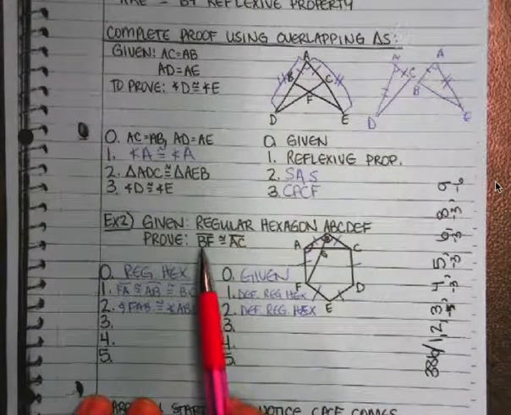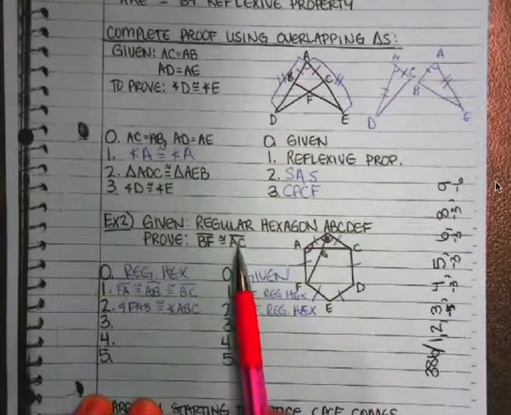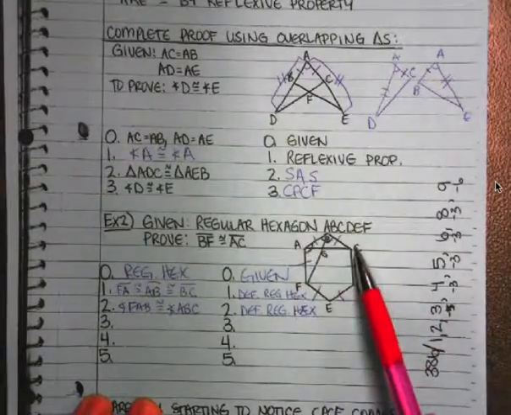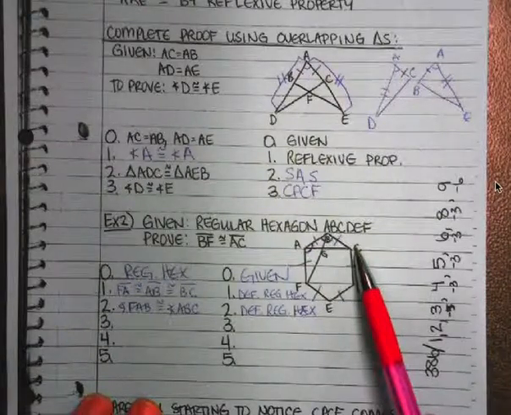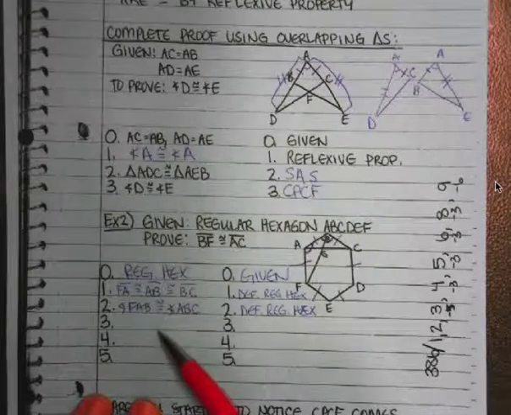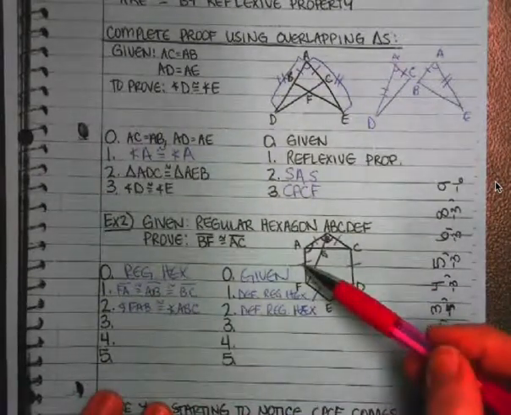Okay, let's go back to what are we trying to prove again? BF and AC. I think I have triangle congruency right now by side, angle, side.